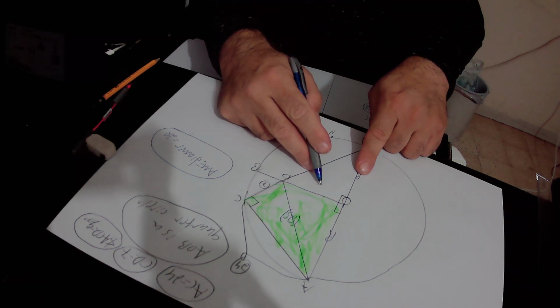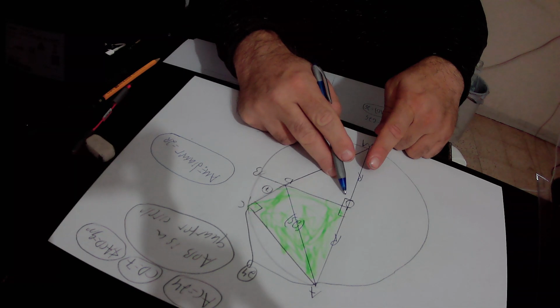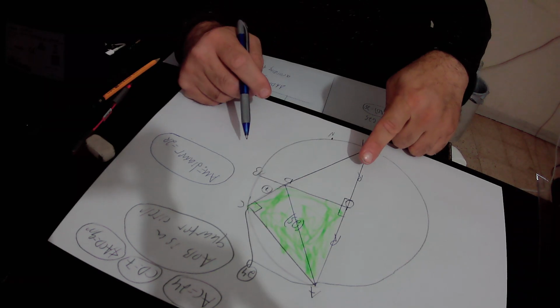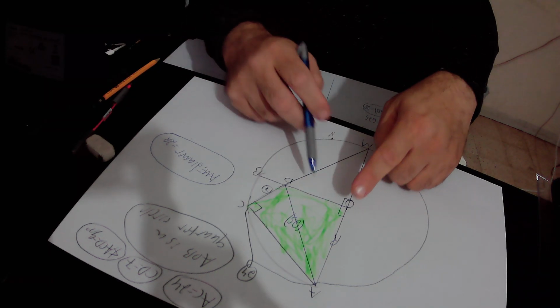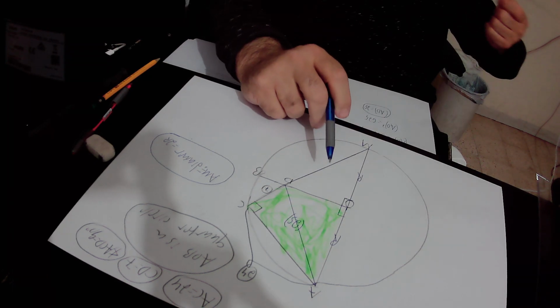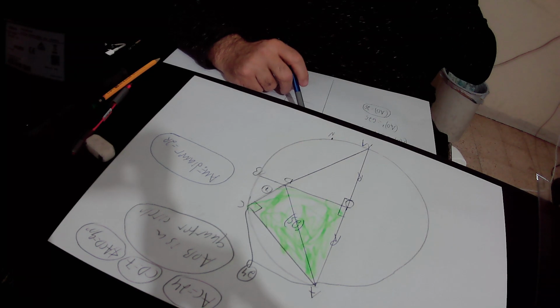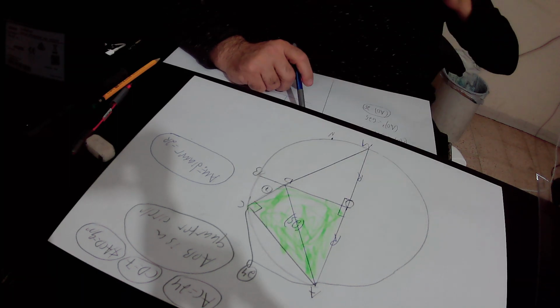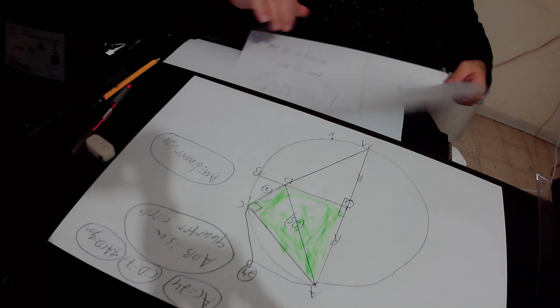Those two sides and the angle between them are corresponding equal to those two sides and the angle between them in both triangles. So those two triangles can go into each other according to side angle side rule.